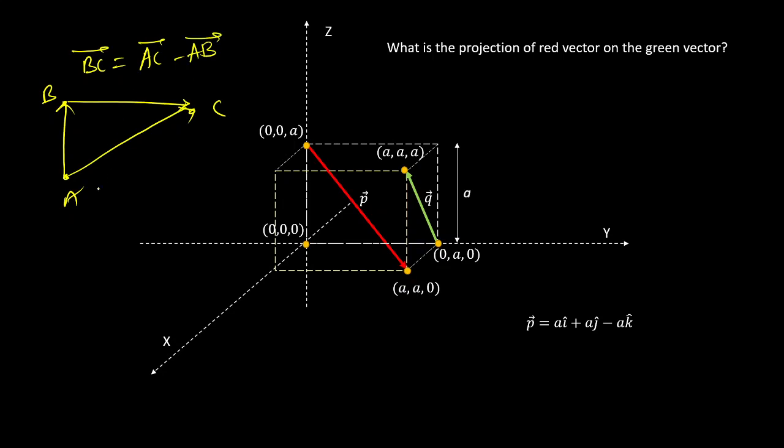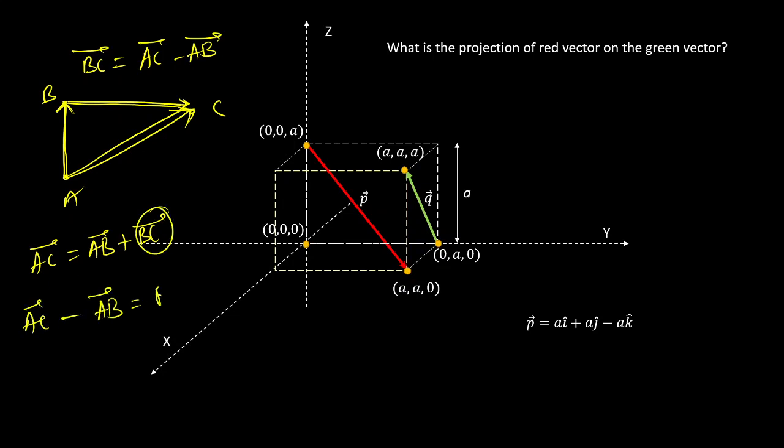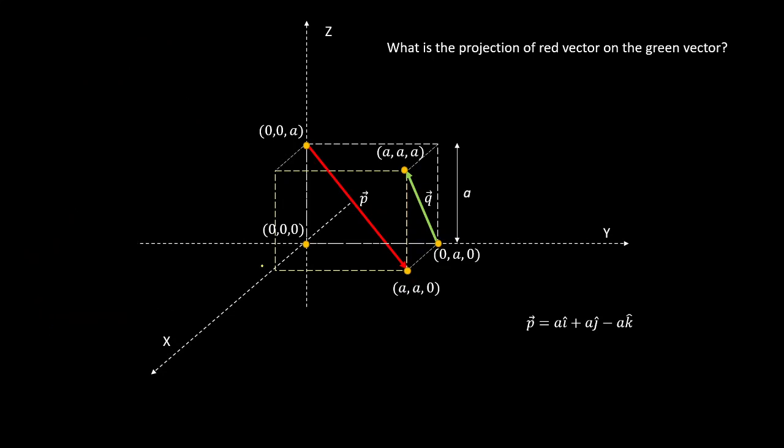Why so? Because for that AC vector, you can apply the triangle law. The AC vector is the sum of AB plus BC, so according to the triangle law of addition, AC is AB plus BC, and then you can write BC as AC minus AB. This is what we are doing when we write this red vector.